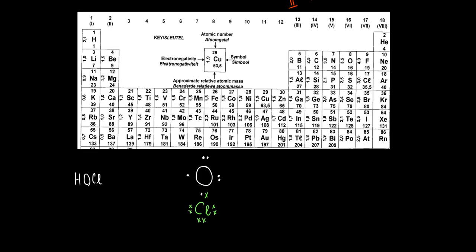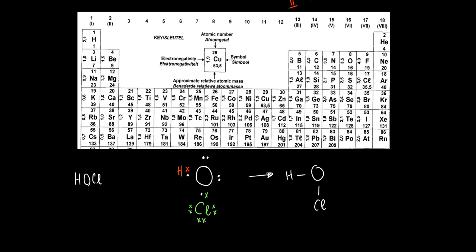Then hydrogen is gonna come in this side because it has only 1, and they form a bond. So now, when you represent this structure, oxygen will be bonded with a single bond to hydrogen and a single bond to chlorine.